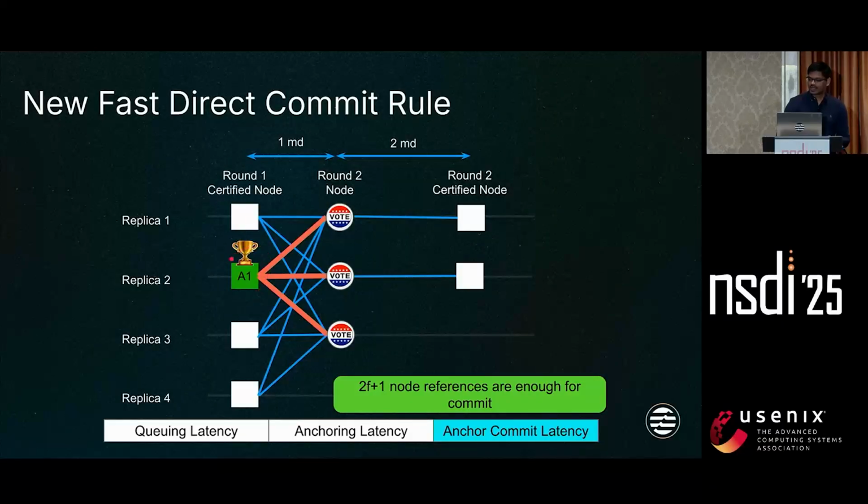As long as A1 has references to 2F+1 nodes in the next round, it can be committed using this new fast direct commit rule. Even if F of them are malicious, because of the reliable broadcast scheme we use, F+1 are guaranteed to be certified and eventually added to the DAG, which would satisfy the old commit rule property.